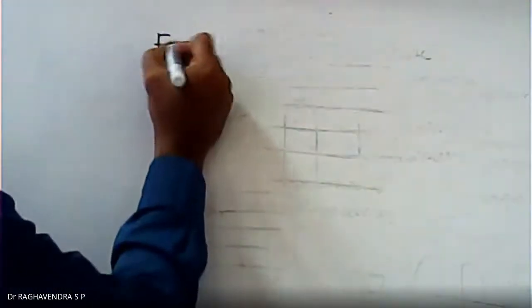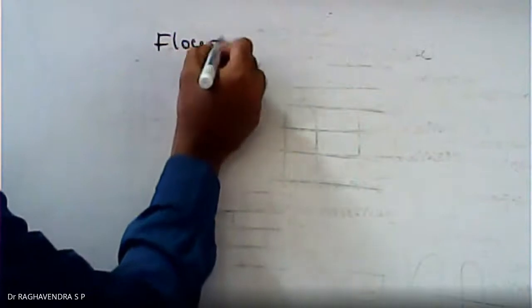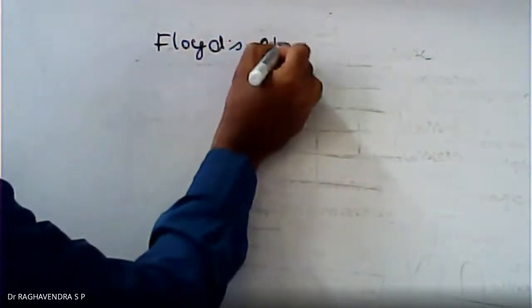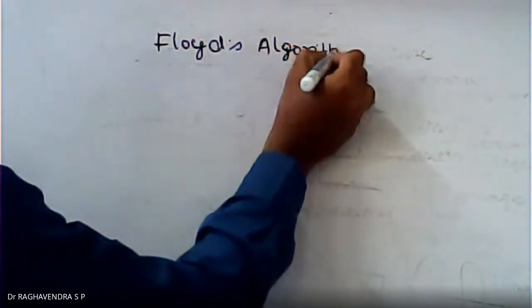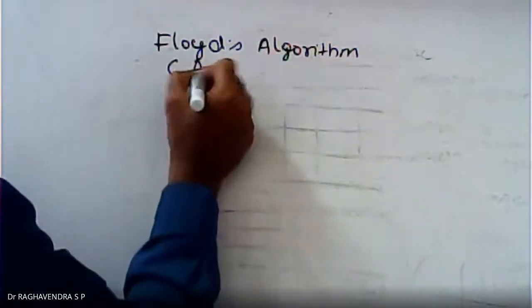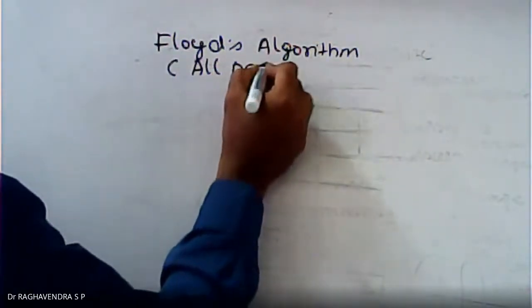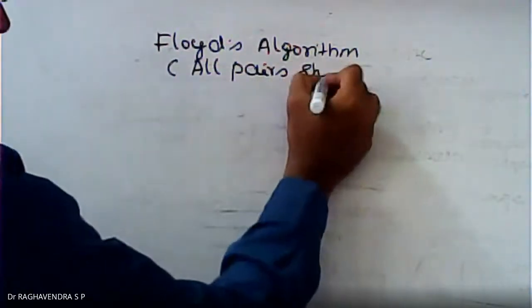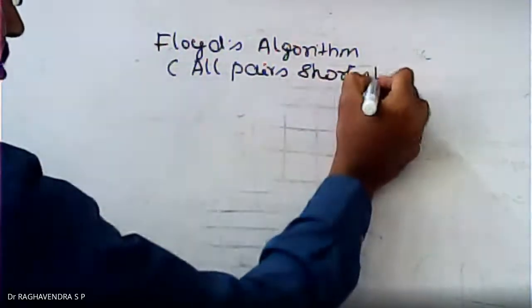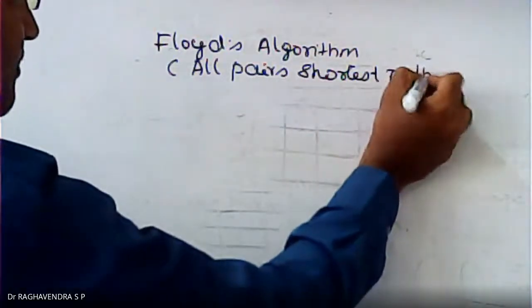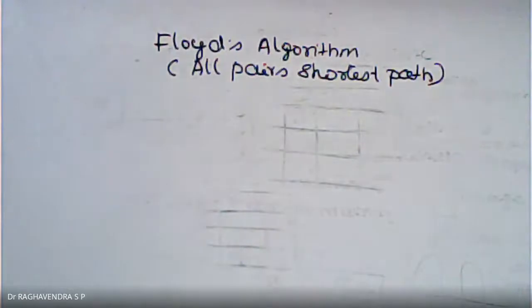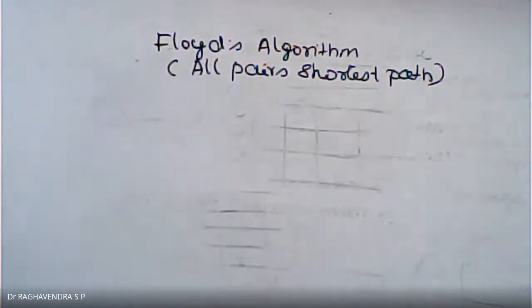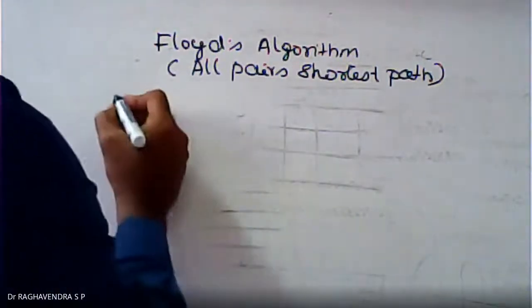So it is Floyd's algorithm, also called the all pairs shortest path problem. So the graph I am going to consider here is like this.